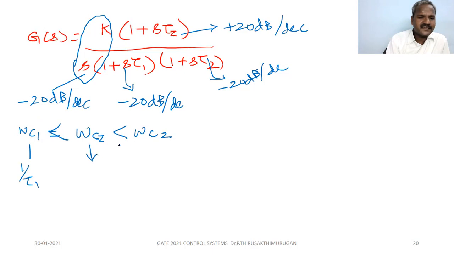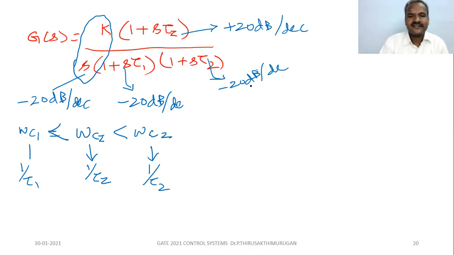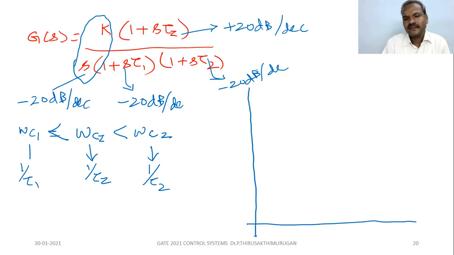I consider like this, 1 by tau z. This is 1 by tau 2. Understand? So what will be the magnitude plot for this transfer function?